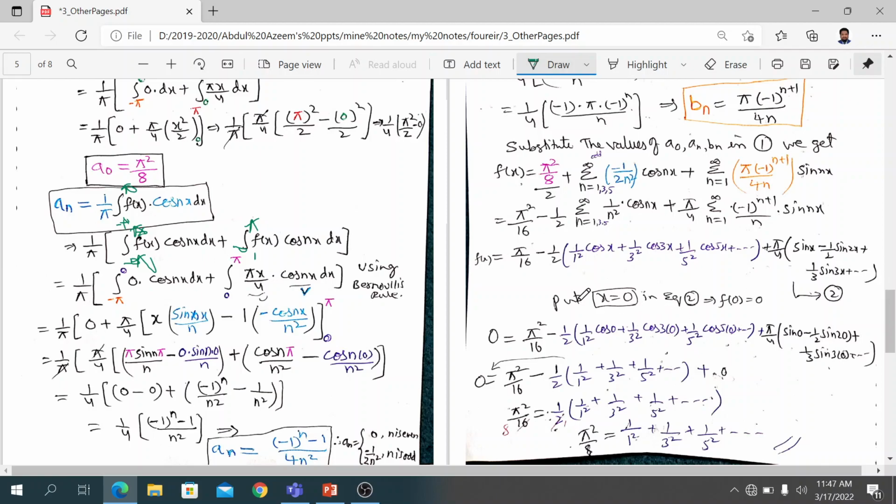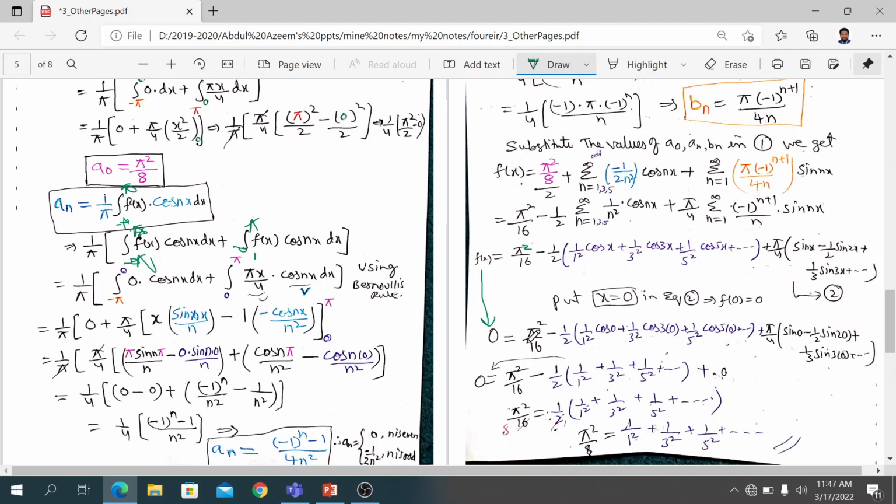Now here put x equals 0 in equation 2. Here f of x, so f of 0 value will become 0. So pi square by 16 minus 1 by 2, cos 0 is 1, cos 3 into 0 is 1, cos 5 into 0 is 1, up to so on, plus pi by 4 sin 0, minus 1 by 2 sin 2 into 0 plus 1 by 3 sin 3 into 0 and so on.